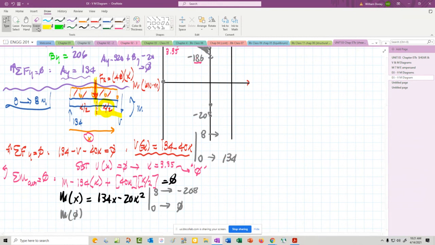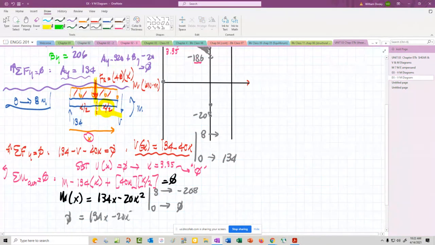Sorry, let me change it up. We already did set the moment equal to 0. We set that equal to 0, right? 134x minus 20x squared equals 0.